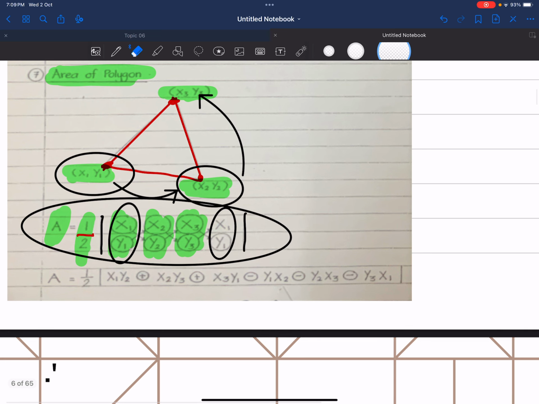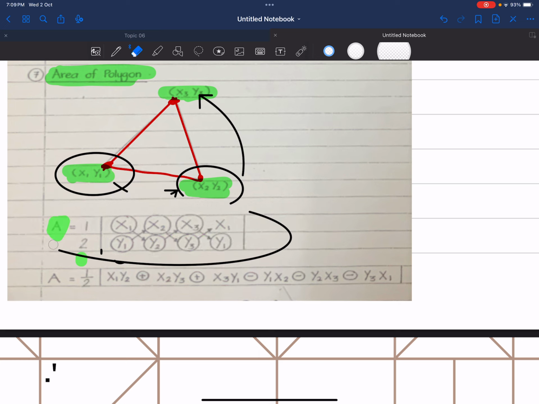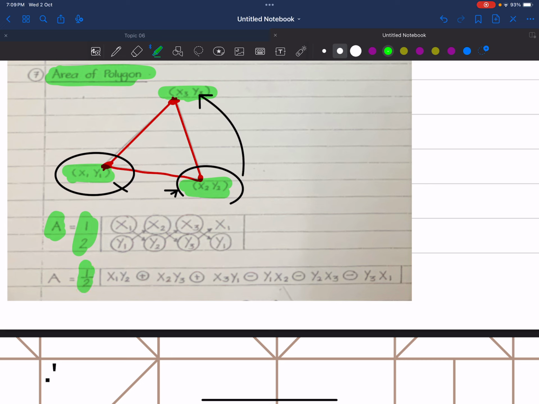I'm going to rub all this off so that I can explain what it means inside the modulus. The half I write back. Watch very carefully. We start with the first coordinate, x1.